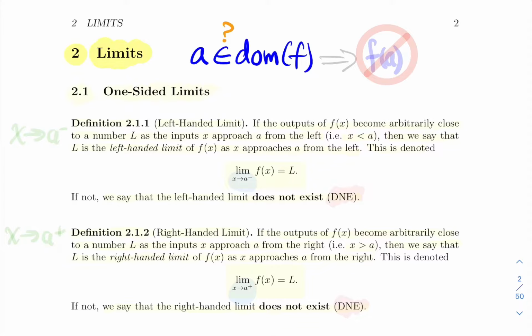Of course, when we have a point inside the domain of a function, what we normally do is we evaluate that function and we study what is the output of that function. Is it positive? Is it zero or whatever? But the power of the limits here is that we're going to be able to study the function around A without looking at the output. And that's the true magical part of it. So let's go into it.